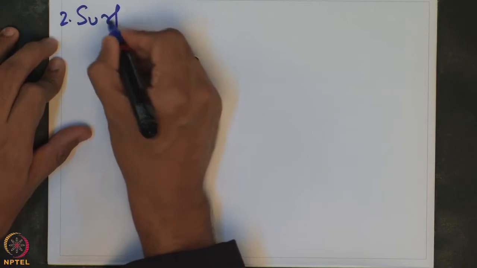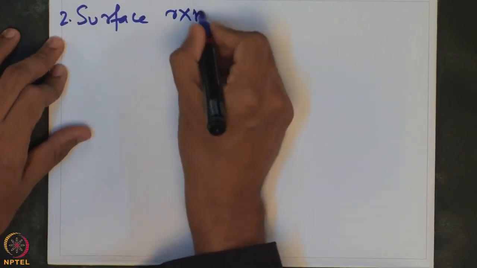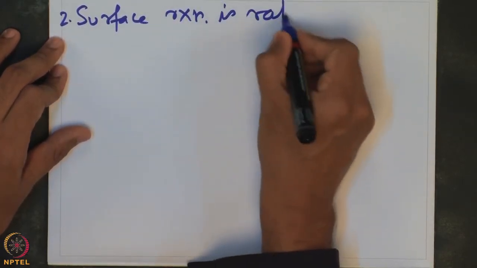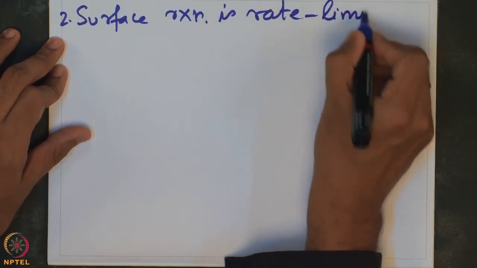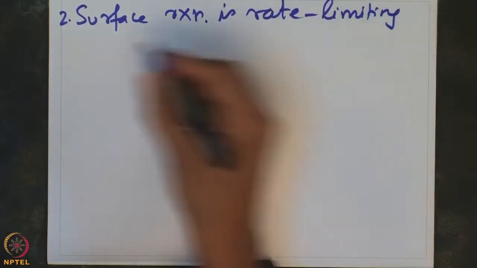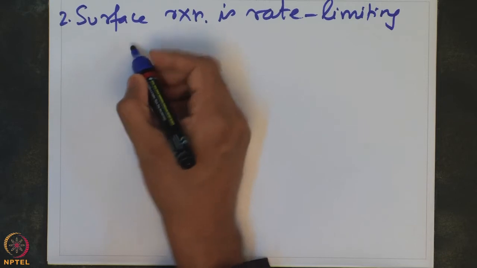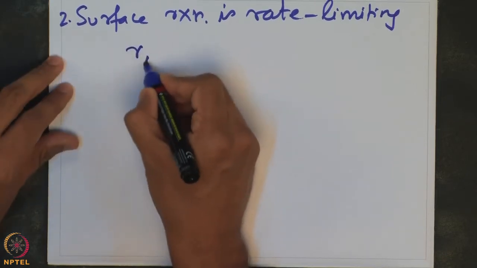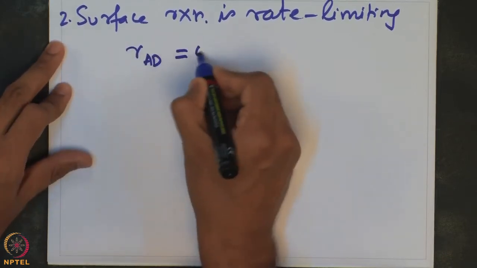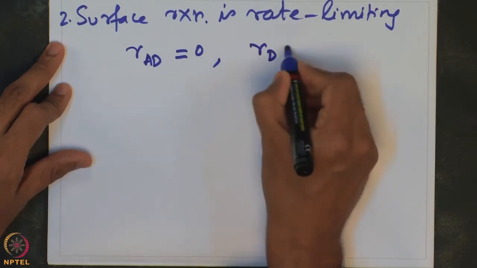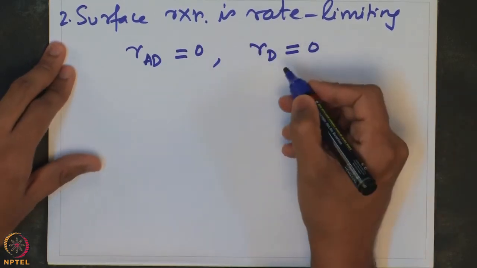So let us now take the second case, where we look at the situation where the surface reaction is rate limiting. In this case we can assume that the rate of adsorption is in equilibrium and the rate of desorption is in equilibrium.